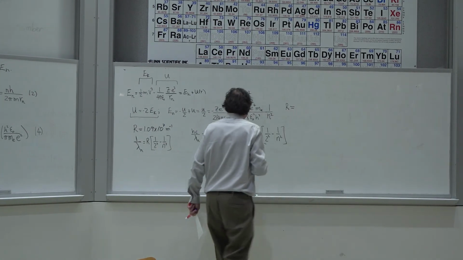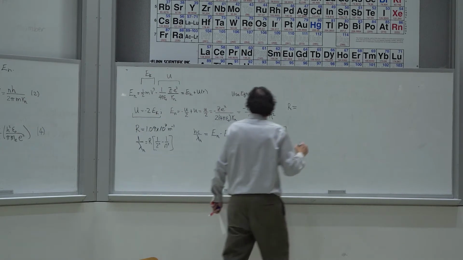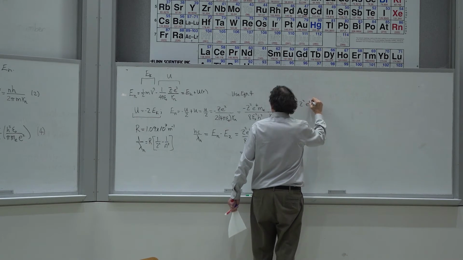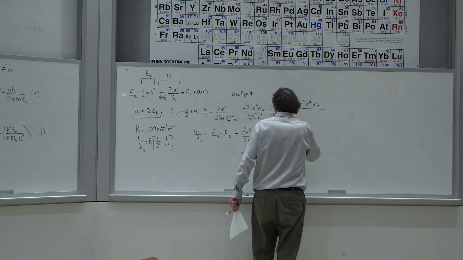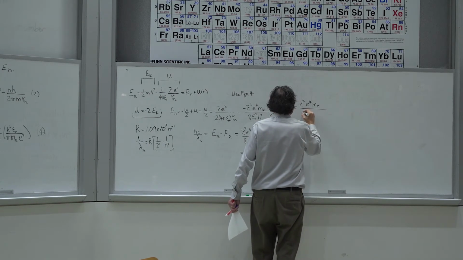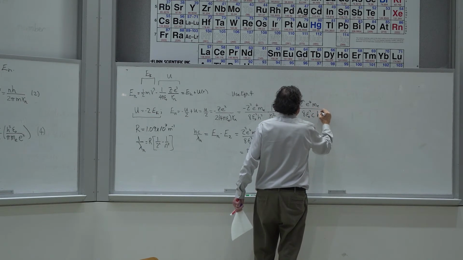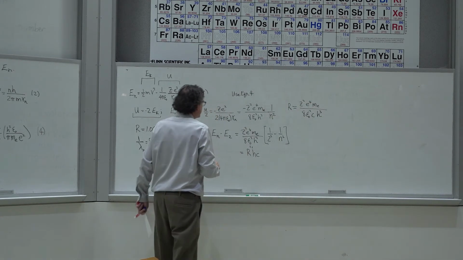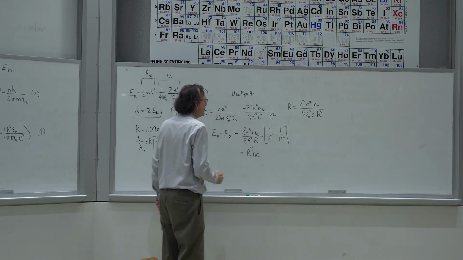R is going to be equal to Z squared times e to the 4th times the mass of the electron divided by 8 epsilon naught squared times c times h cubed. So I simply divide this by hc, and I get my constant R.